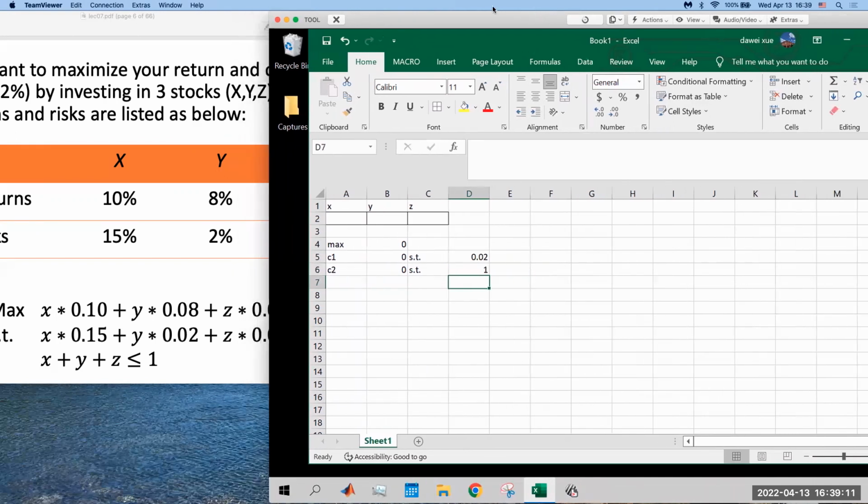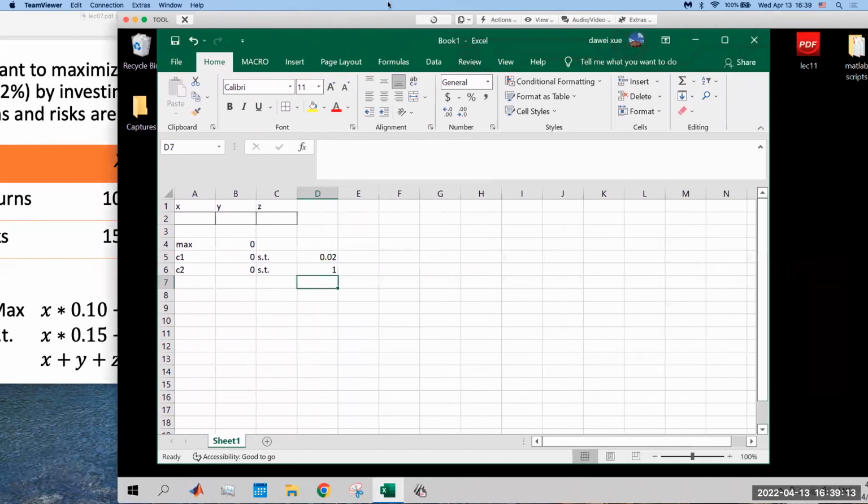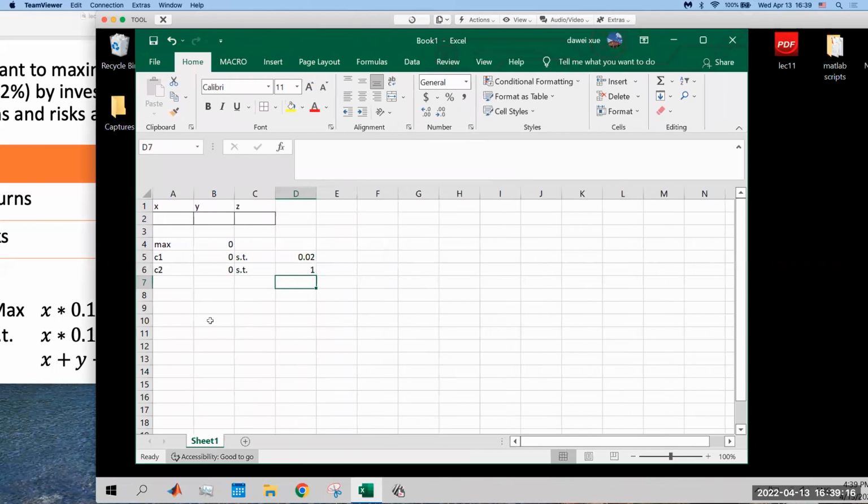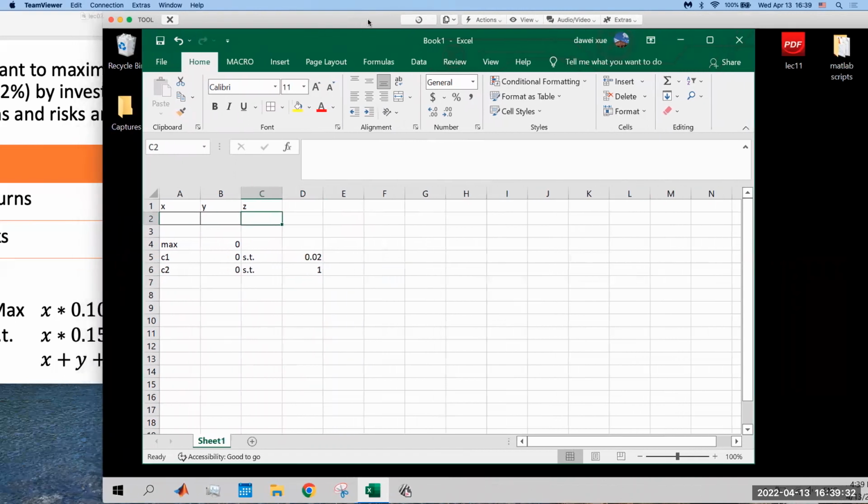Now we have tapped everything. So probably we'll ask, why don't you put x? This one should be greater or equal to 0. So all the 3 cells should be greater or equal to 0, because we're going to put that directly into the solver. We don't need to tap additional cells.